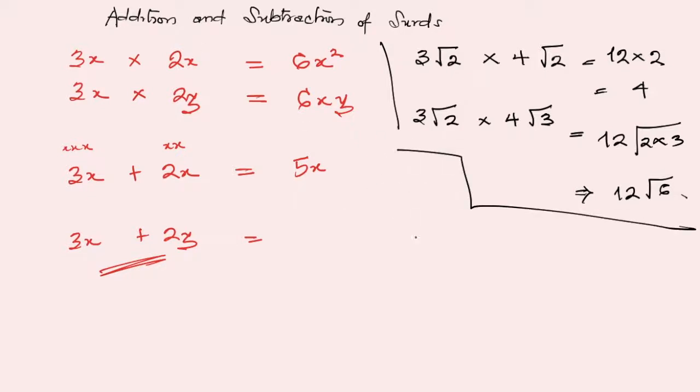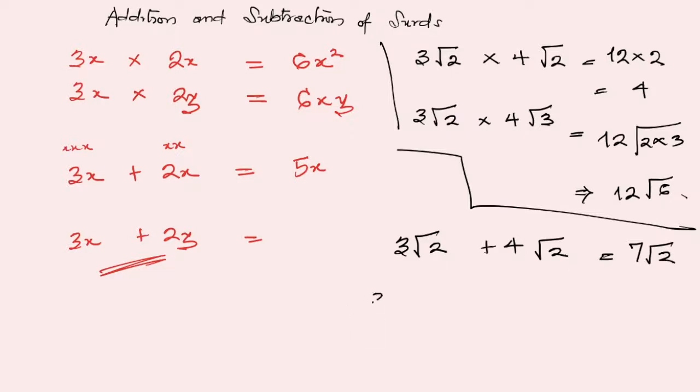In this case, if we have 3 root 2 plus 4 root 2, what we have is 3 root 2's, so 3 times root 2, and we have 4 root 2's. And in this case, they become 7 root 2's.